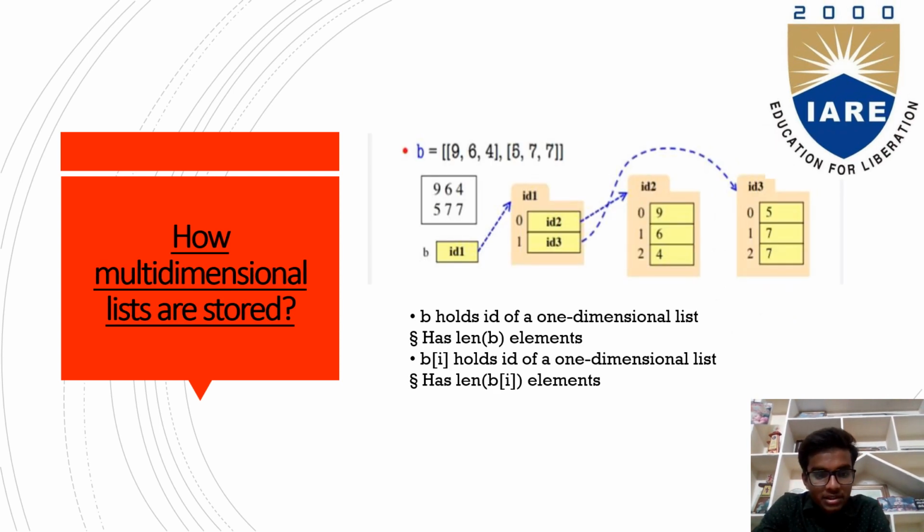How are multi-dimensional lists stored in the Python programming language? In Python, a multi-dimensional list can be implemented by putting a list inside another list, which is basically a nesting operation. Here, a list can have a number of values of any data type that are separated by a delimiter like a comma.